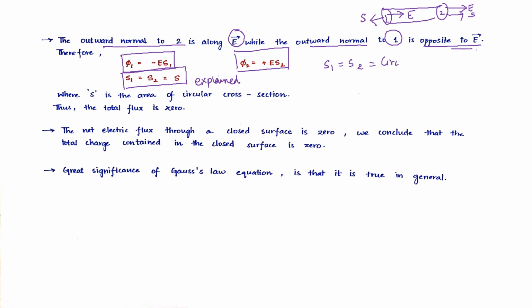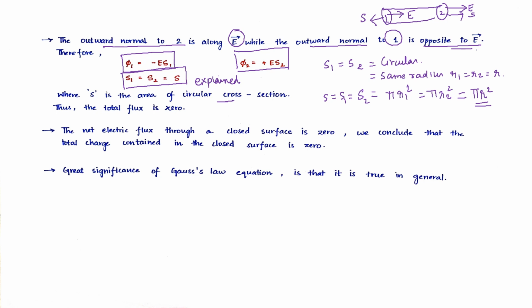Both are circular and have the same radius, R1 equals R2 equals R, so S2 equals S1 equals S, given as pi R1 square equals pi R2 square, which can be written as pi R square, where S is the area of the circular cross section.